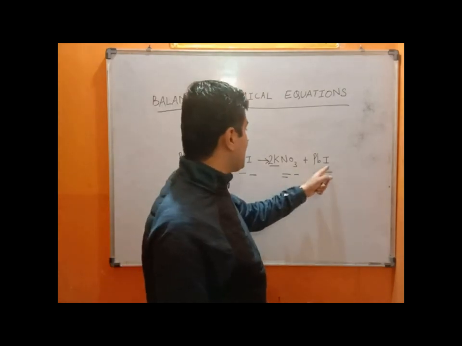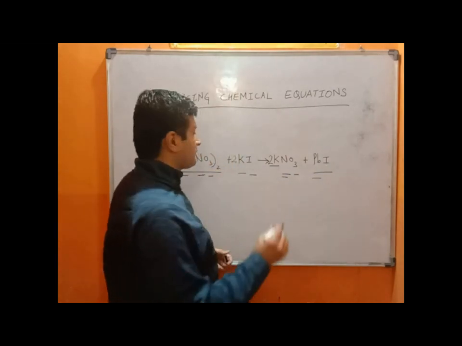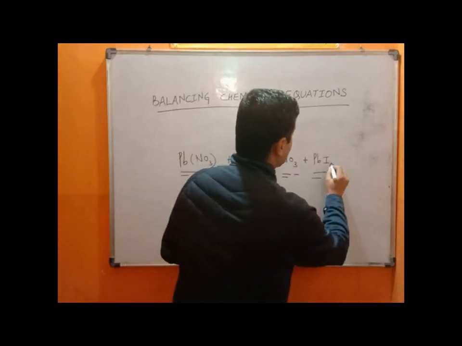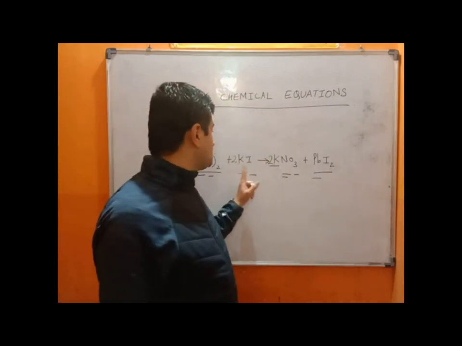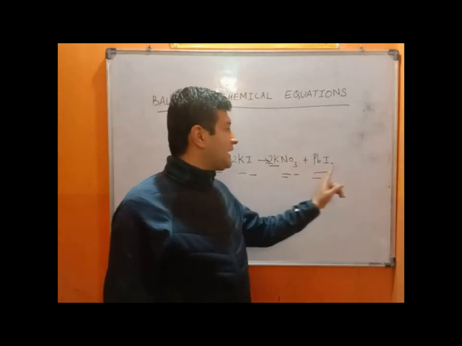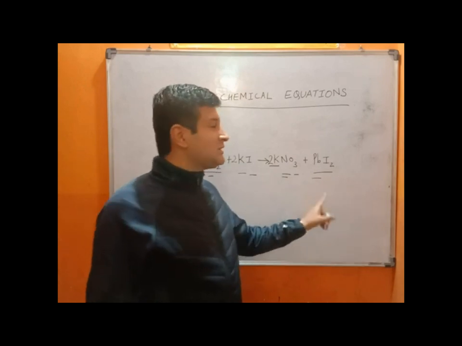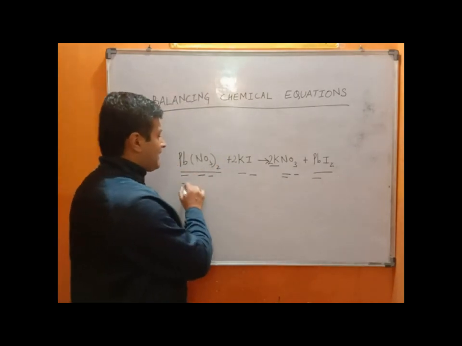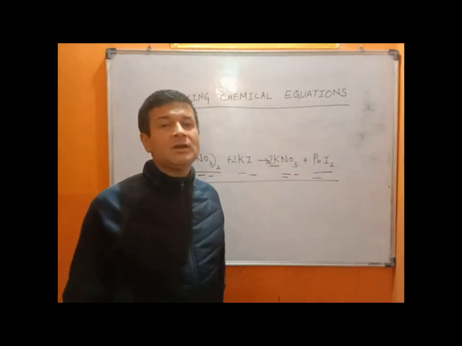Over here you have 1, so you have to balance it. By writing 2 over here, I'll have 2 iodine atoms on the reactant side and 2 on the product side. So in this way we can balance any unbalanced chemical equation.